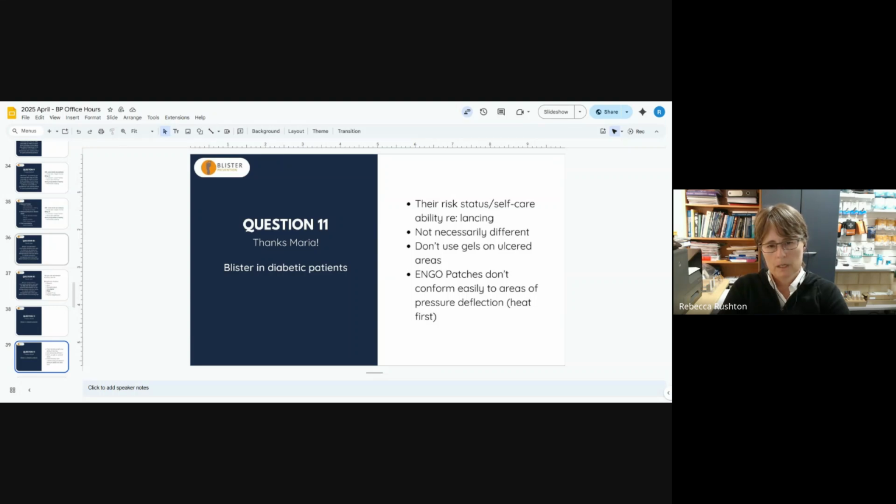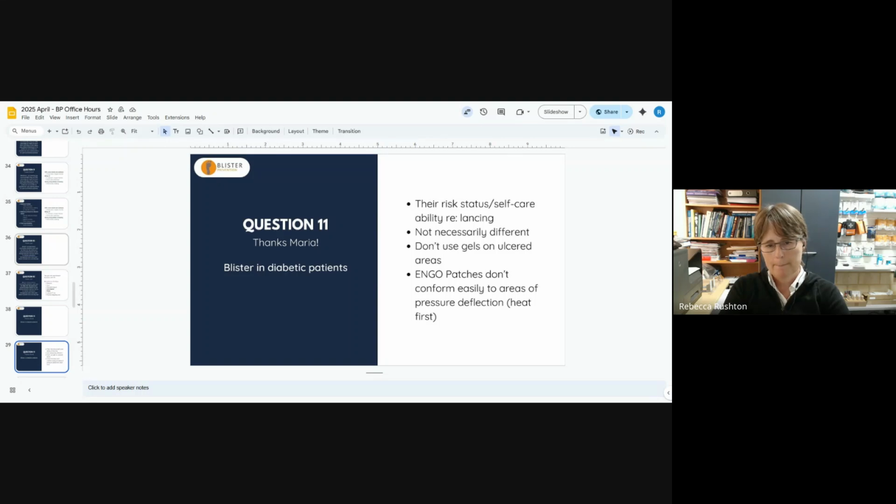And the other thing is ENGO patches. If you've got an insole that has significant pressure deflection, so there are big divots in the insole where the pressure deflection exists, it can be difficult because the ENGO patch isn't overly stretchy. You'll need to warm the patch up with a heat gun or a hairdryer just to make it a little more malleable, and it will go over those contours.